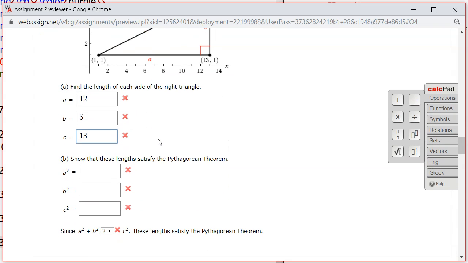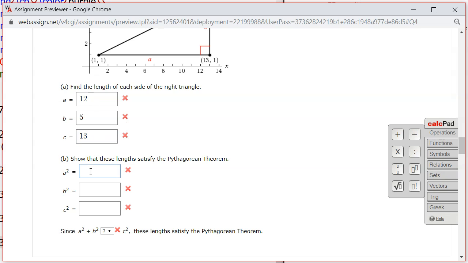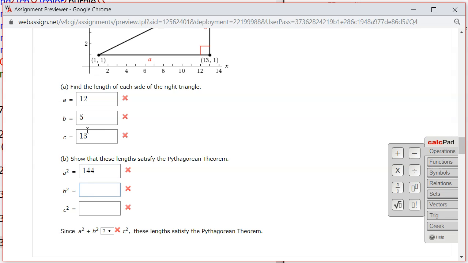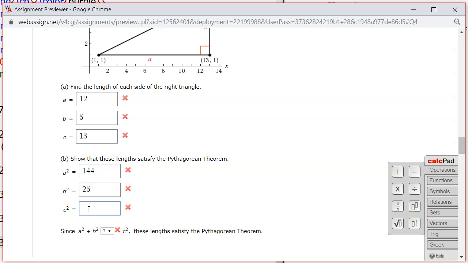If you want to find a squared, 12 squared is 144, and b squared, 5 squared, is 25. And c squared, 13 squared, is 169.